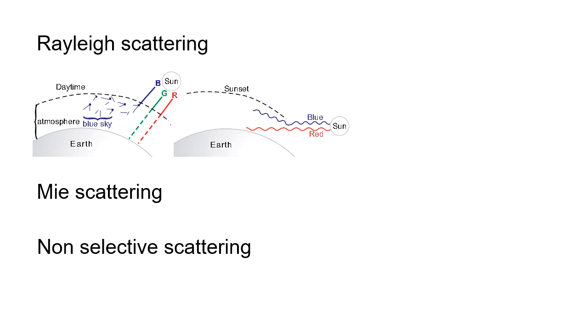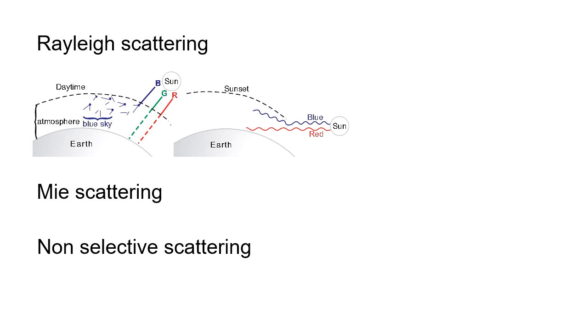Light of a shorter wavelength, like blue, is scattered more than the longer wavelength, like red. So in this image, you can see that the blue light is scattered and red light is passing through. During the daytime, there is more scattering of the blue light, and this is the reason the sky is blue.